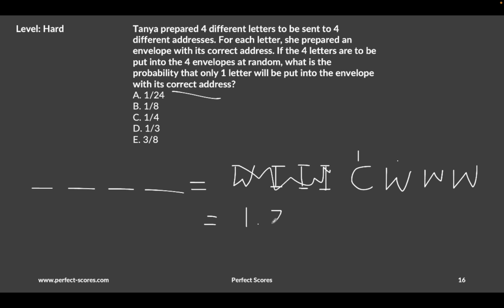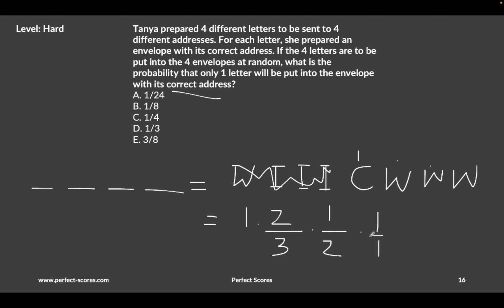So you can only send it to 2 addresses out of 3. Now for the next one, you have to send this to an incorrect address, and you're only left with 2 addresses, so there's only one option. And for the next one, there's just one way of sending it to the wrong address, because you have only one address left, which is incorrect.